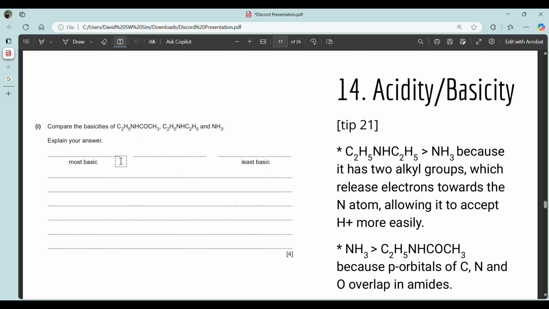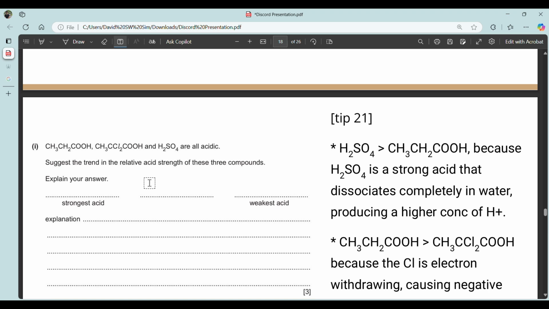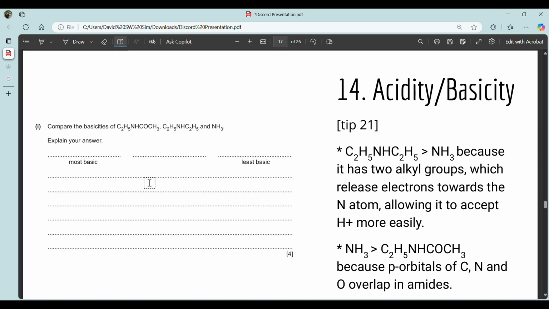These are 4-mark questions, so we better not get this wrong. This question will be about comparing basicity. Later on, there will be one about comparing acidity. So for acidity and basicity, how do we compare it?